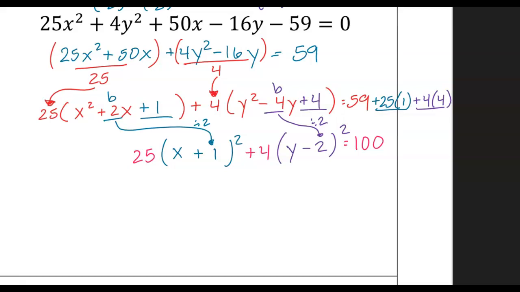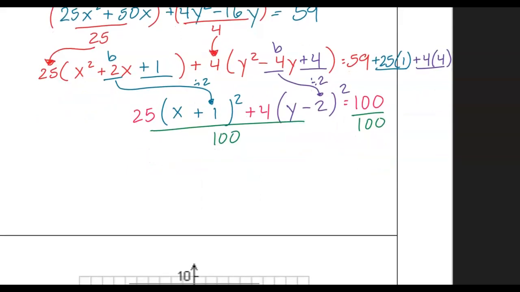Yes, divide everything by 100. 25 over 100 means that the x term's denominator simplifies down to a 4. And 4 over 100 means that the y's denominator simplifies down to 25. And 100 divided by 100 is 1.